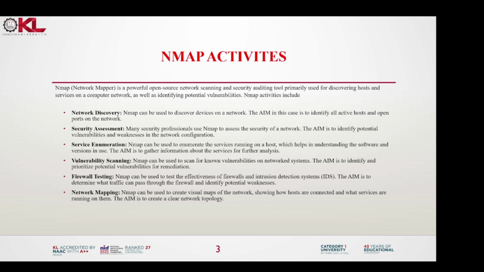For example, in a particular network, we can see which systems are up and which systems are down. Because hackers first test which systems in the network are active. Then they perform hacking techniques on the systems which are active in the network.